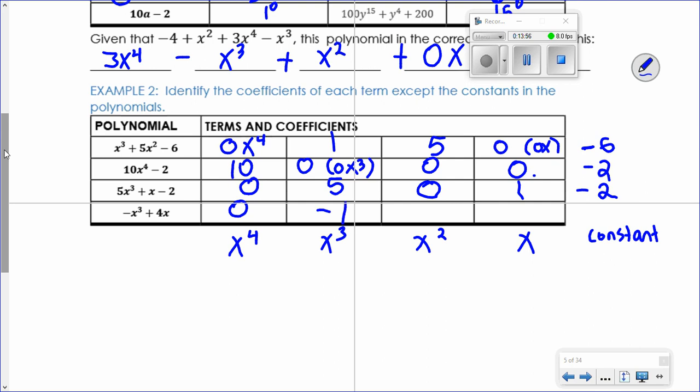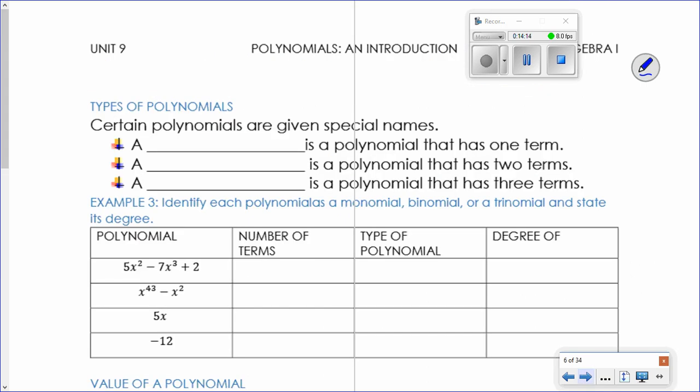Make sure you got that. For x squared, for x, and constant. What if there's no number there? What does it have to be? 0. Okay? Good job.